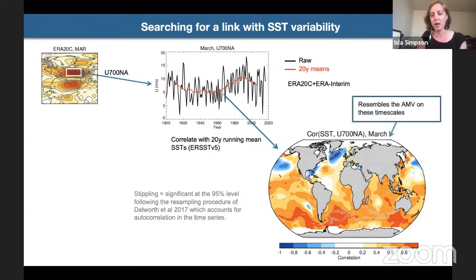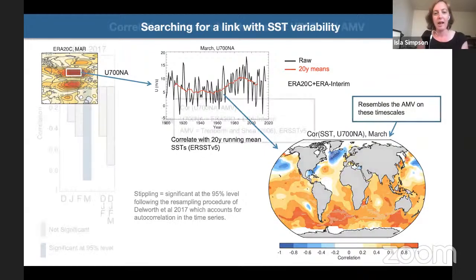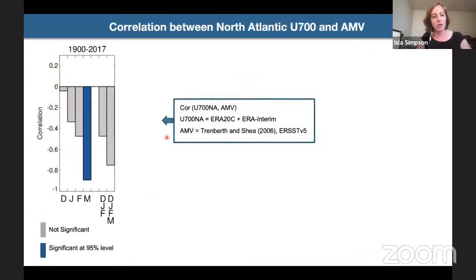And this pattern looks like what you pick up with traditional indices of the AMV on these timescales. Indeed, if we look at the Trenberth and Shea index of the AMV, and we look at the correlation between the winds in the North Atlantic and the AMV, you can see that we have a correlation of about -0.9 in March, which does pass our significance tests, albeit marginally, because we just have so few degrees of freedom.